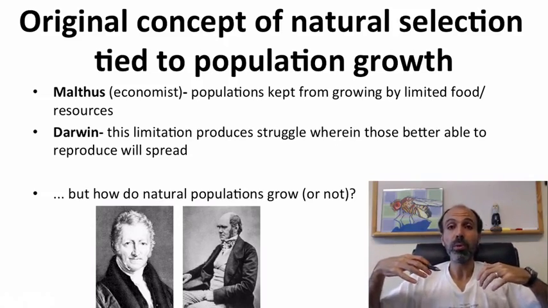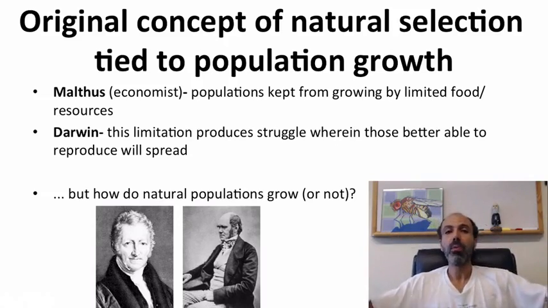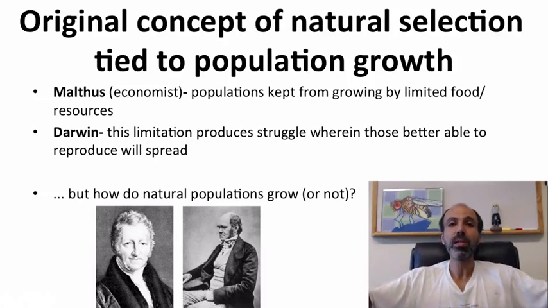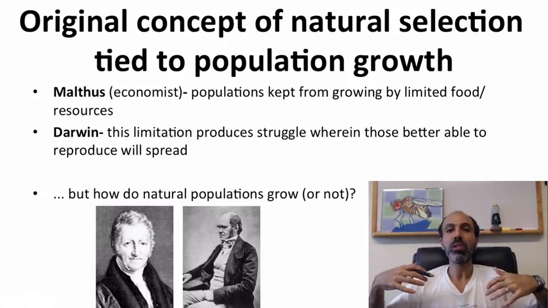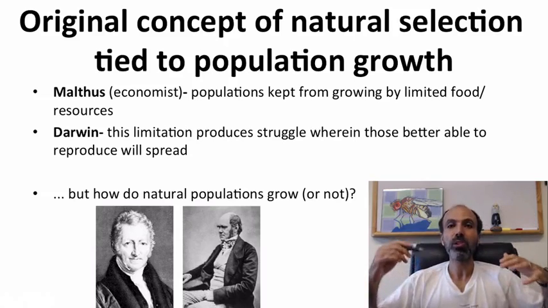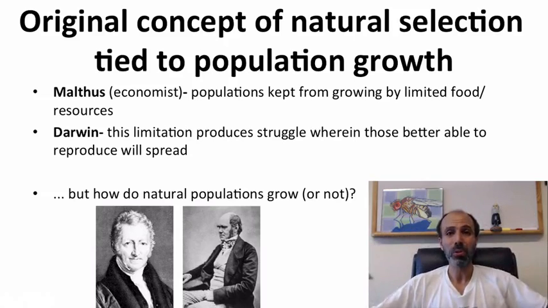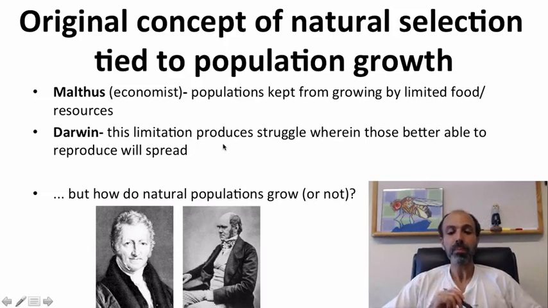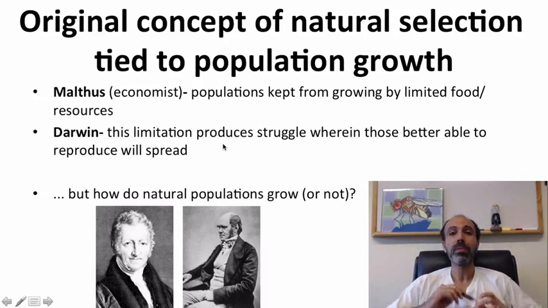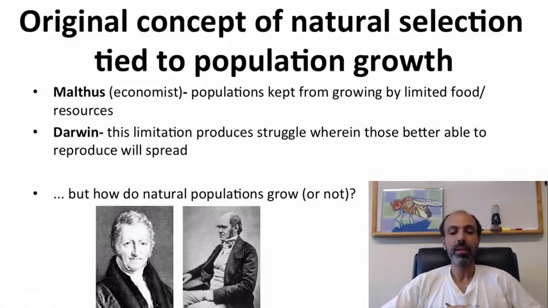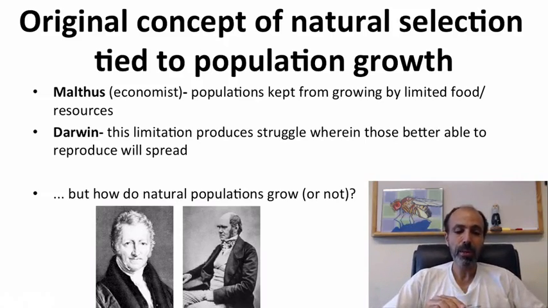And if you provide more and more food to particular species, you'll tend to see that they will reproduce at a higher rate than is needed just to recreate the number of individuals present. Basically the population will grow if it is able to grow, almost always. Now, Darwin pointed out that this limitation produces struggle when some subset that are better able to survive or reproduce will tend to spread.